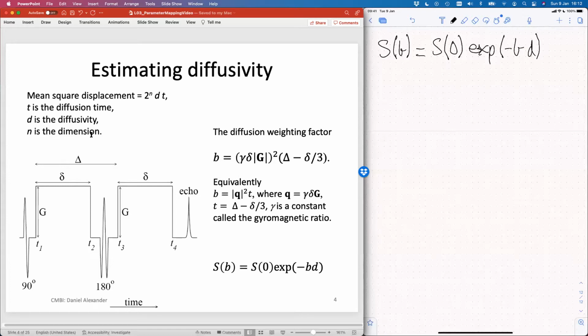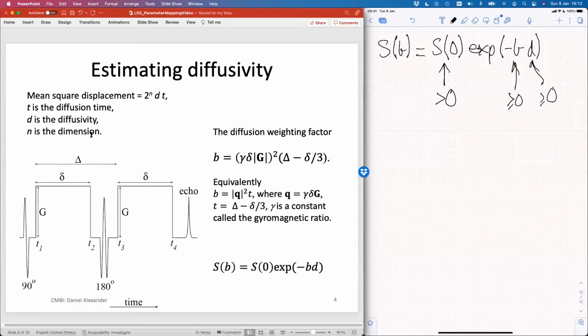This signal S0 is always positive. The B value is greater than or equal to 0. The diffusivity by definition is always greater than or equal to 0.